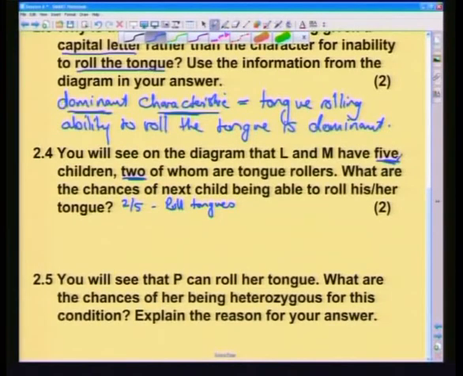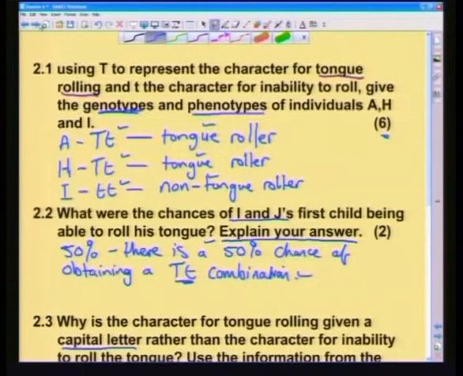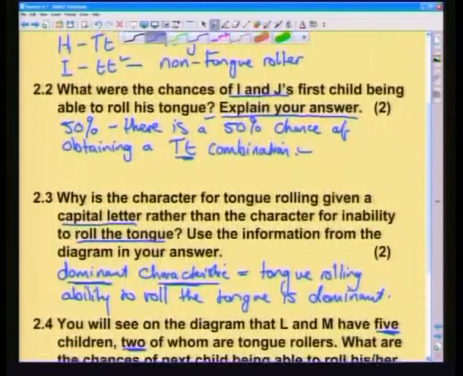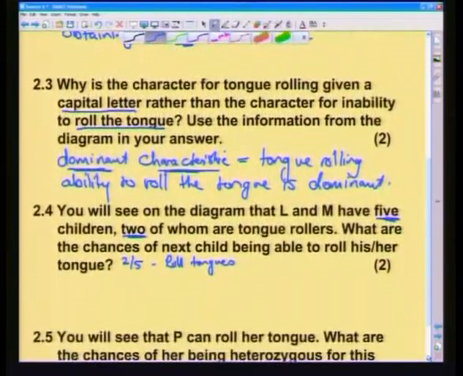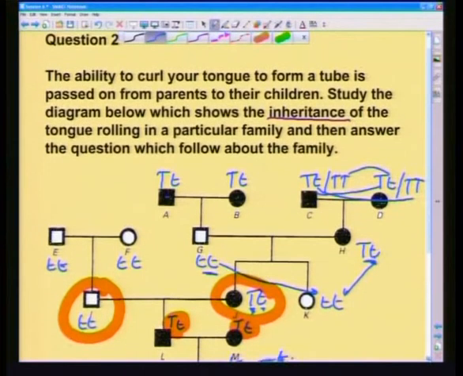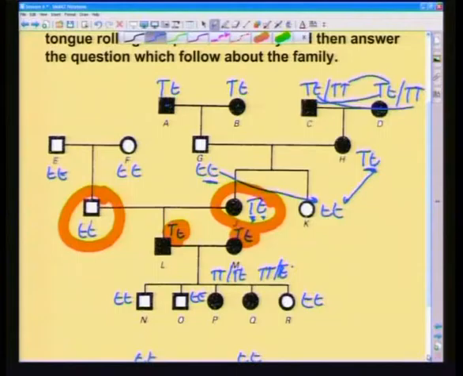So let's go back to our diagram. Here are L and M, and they have 5 children already, of which 2 can roll and 3 can't.